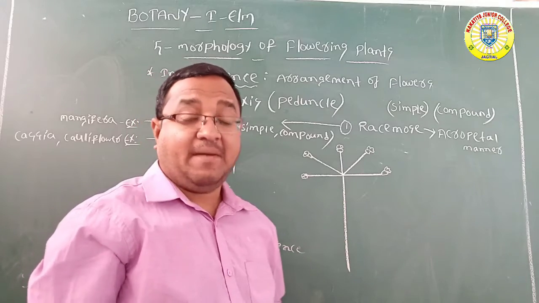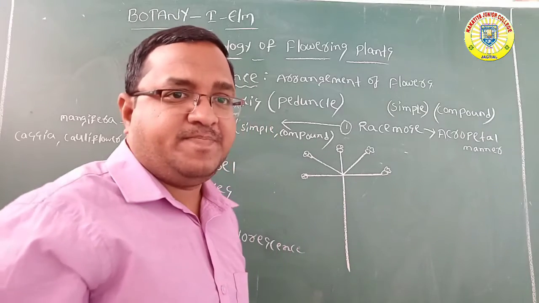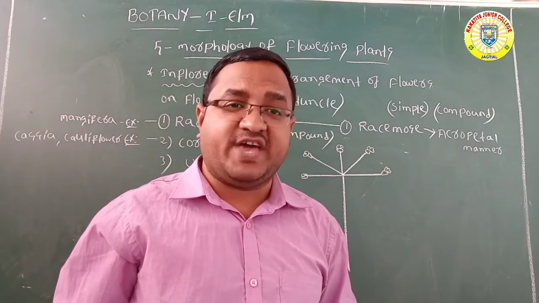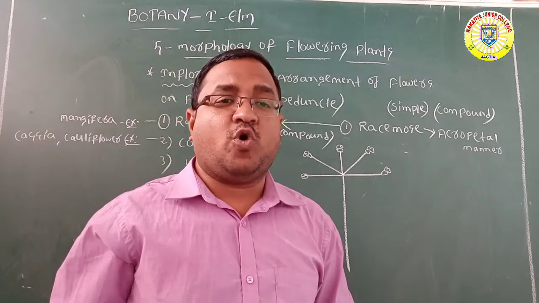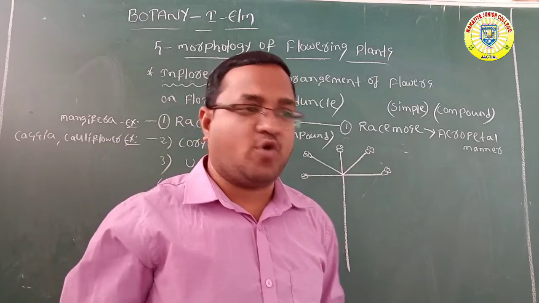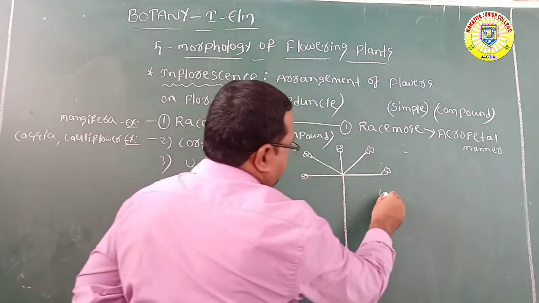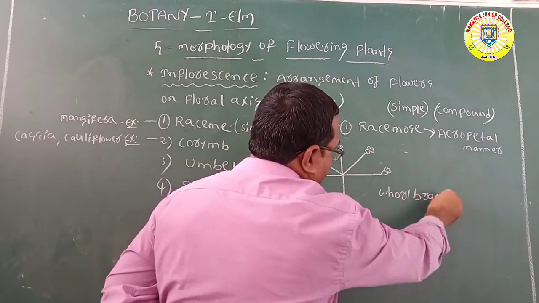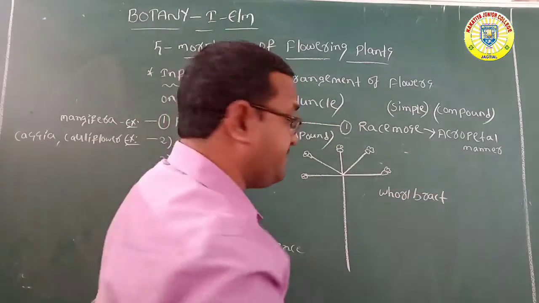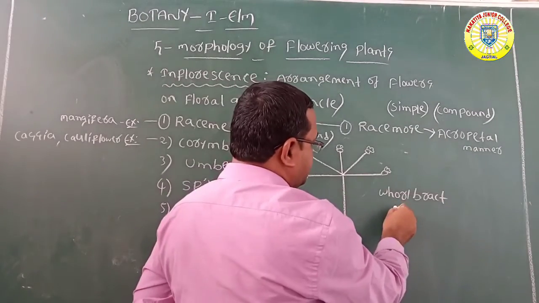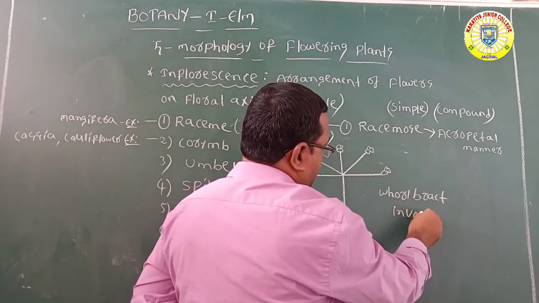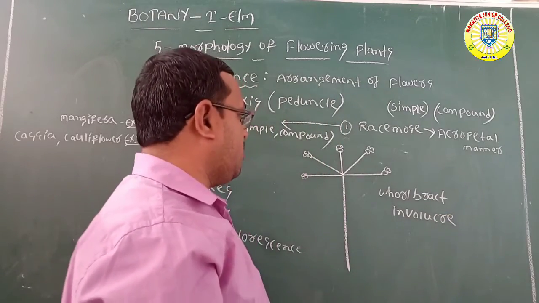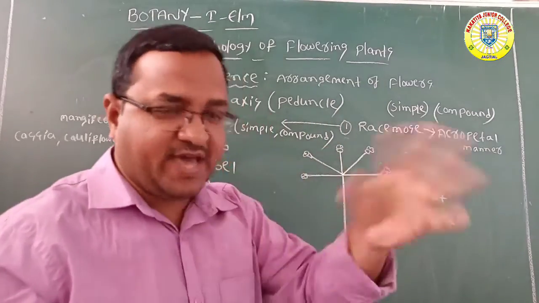So this is umbel. Especially in umbel, the total inflorescence is covered with a roll of bracts, that is called the involucre. A roll of bracts, the involucre, is one type of layer.